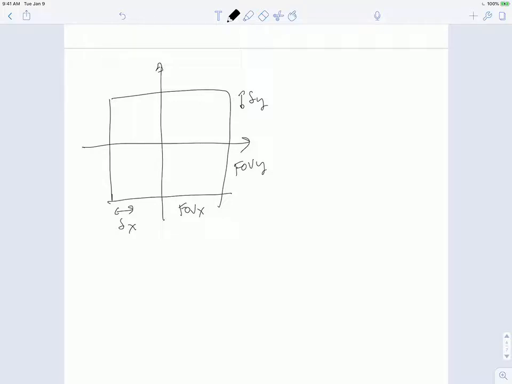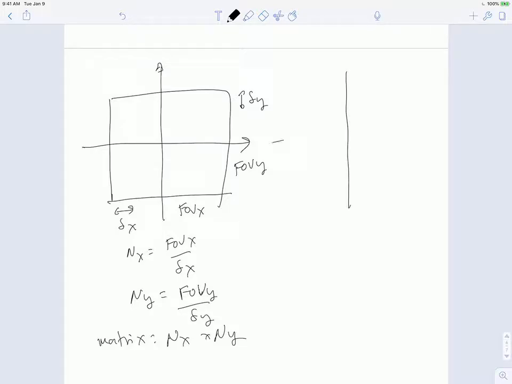Out of that come 2 more parameters. The number of x samples is FOV of x over delta x, and the number of y samples is simply FOV of y divided by delta y. So this is a matrix of nx by ny image. That's all that is in the image domain.